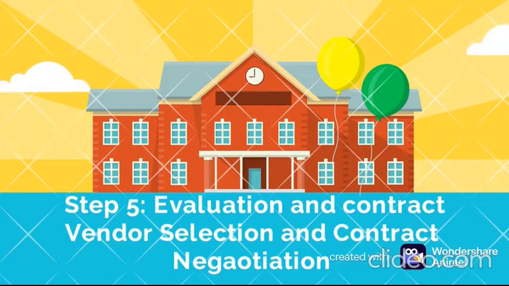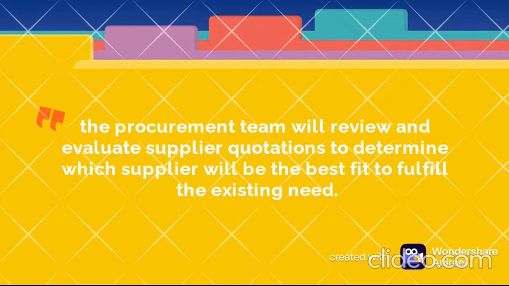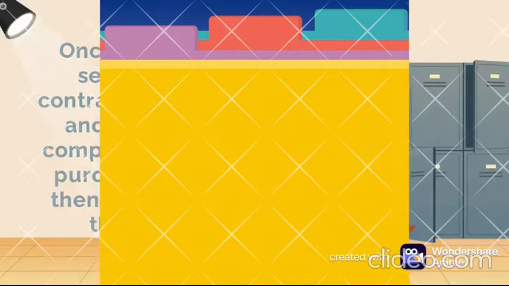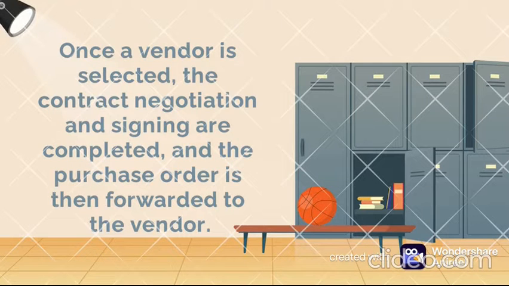Evaluation and vendor selection and contract negotiation. The procurement team will review and evaluate supplier quotations to determine which supplier will be the best fit to fulfill the existing need. Once a vendor is selected, the contract negotiation and signing are completed, and the purchase order is then forwarded to the vendor.